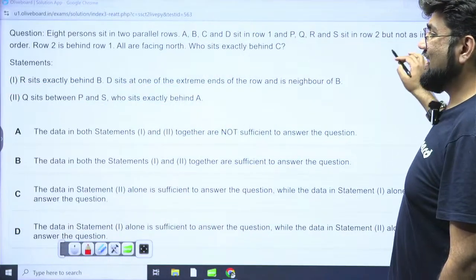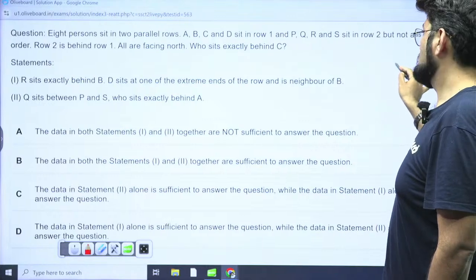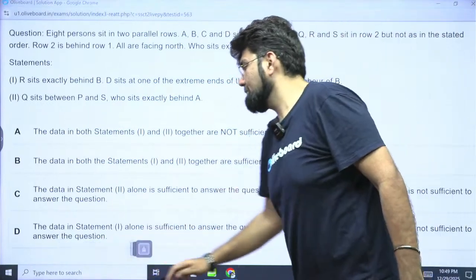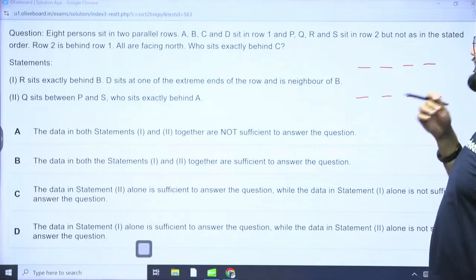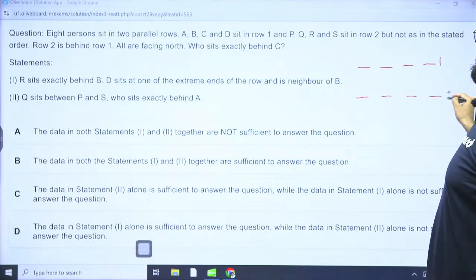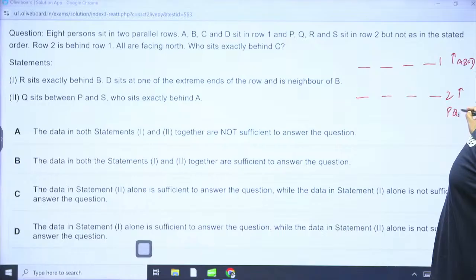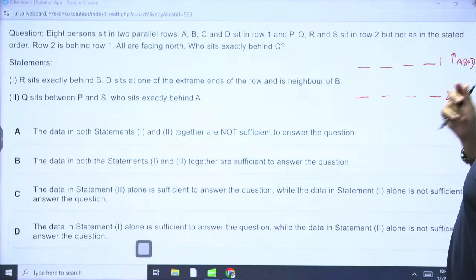Let's try this. R sits exactly behind B. So there are 8 people sitting in 2 parallel rows. Row 2 is behind row 1. So this is row 1, row 2. Everybody is facing north. A, B, C, D, P, Q, R, S. R behind B, okay.